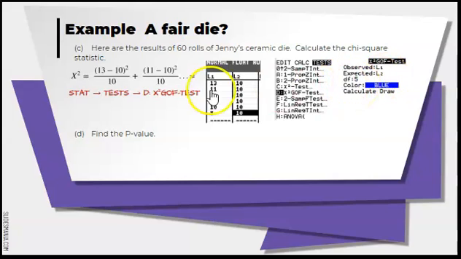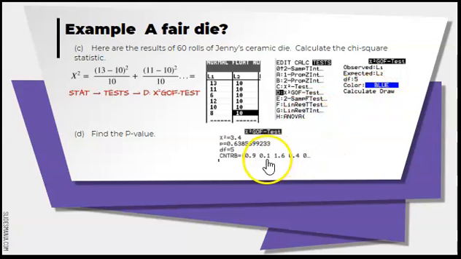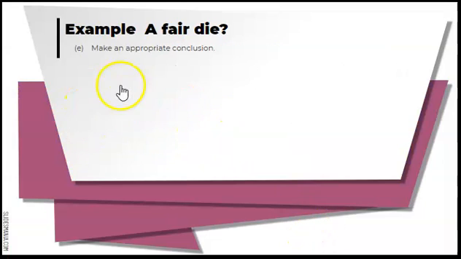Well, I had 6 outcomes, so I have 5 degrees of freedom, and they're in the right places. Then I just hit calculate, and there's my chi-squared, it's 3.4, and there's my p-value, and there's my degrees of freedom. I need to make sure to write down chi-squared, degrees of freedom, and then p-value to get full credit for this.